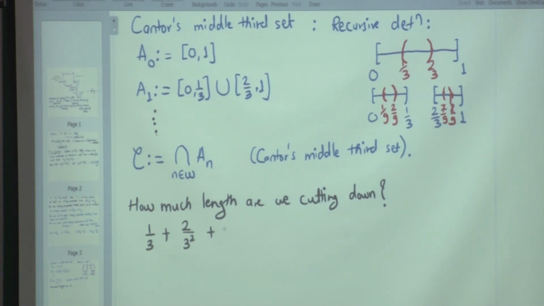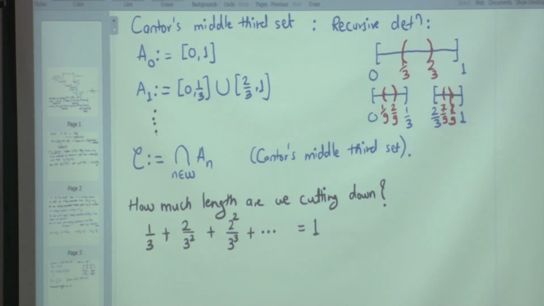At the next step, 2 squared by 3 cubed. Please do the sum. All of you know how to do series. Make sure this sequence is correct and it should turn out to be 1.